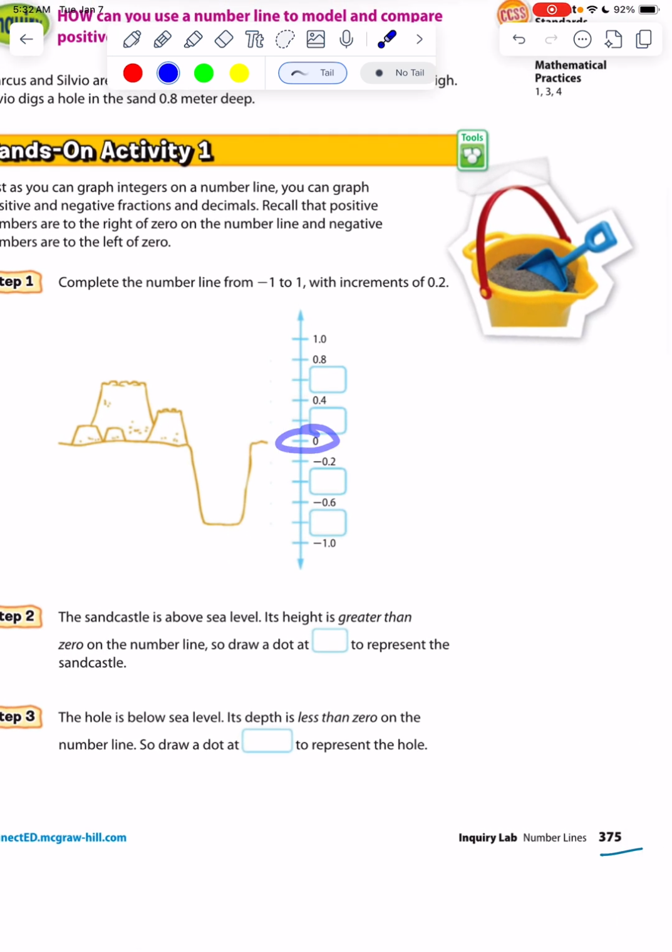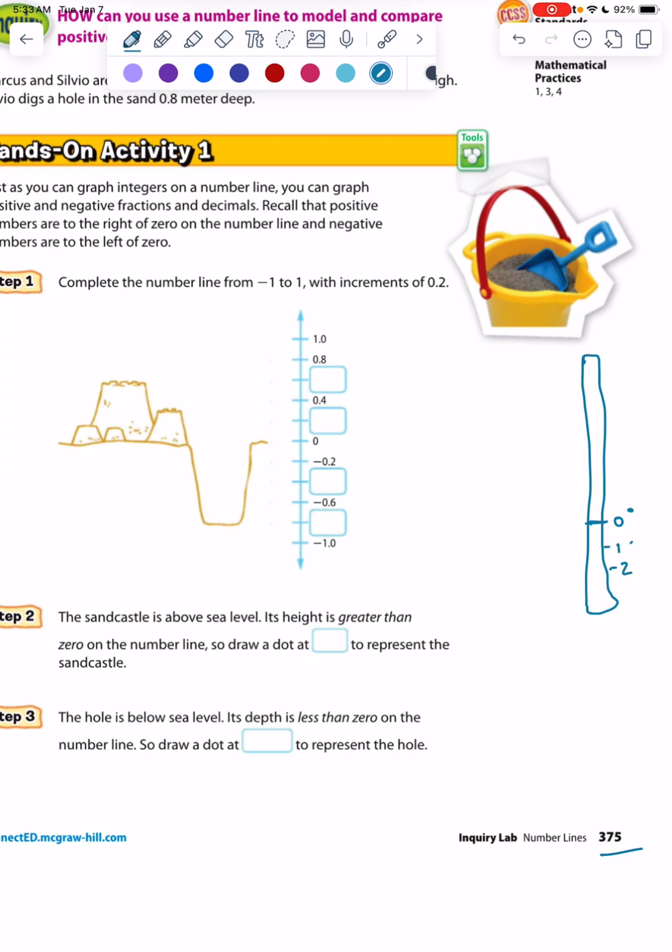Here's our zero. Everything below zero would be a negative number, and everything above zero would be a positive number, just like a thermometer. If this were a thermometer and this were 0 degrees, this would be -1 degree, -2 degrees.